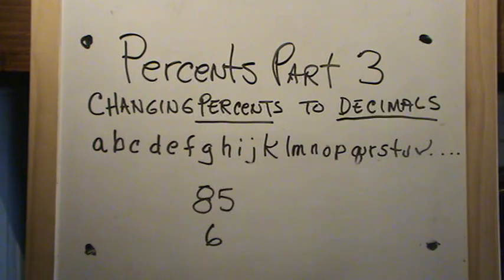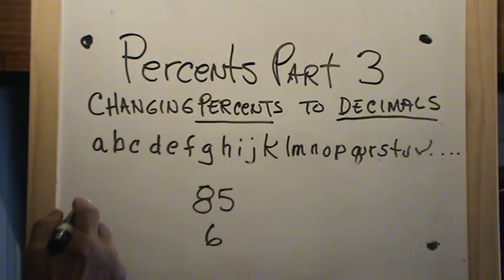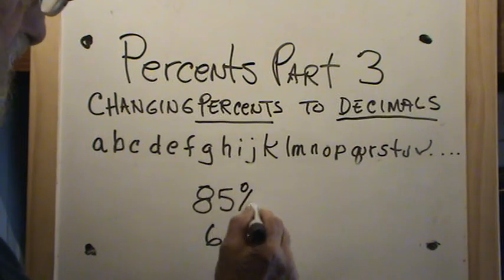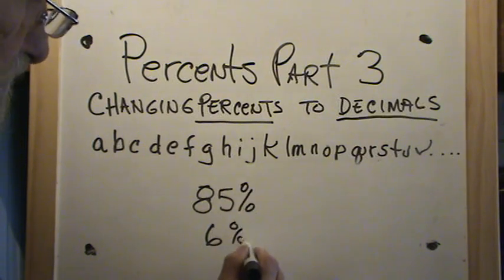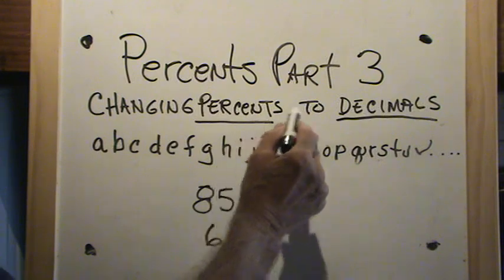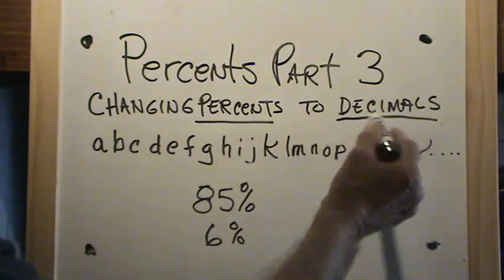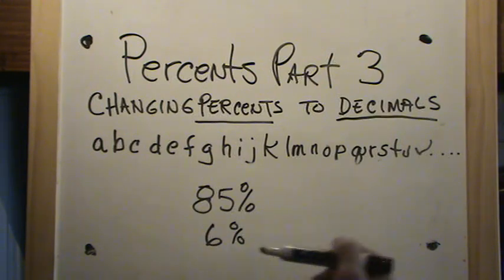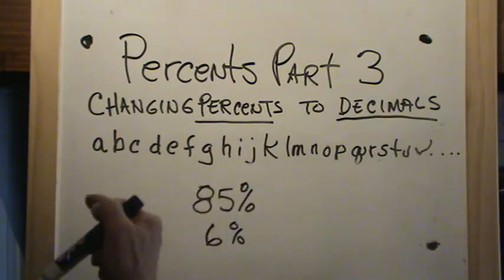The reason I mention that is because now in changing percents, so let's say this is 85% and this is 6%, in changing percent to decimals, we move the decimal place 2 places to the left. It's the opposite.